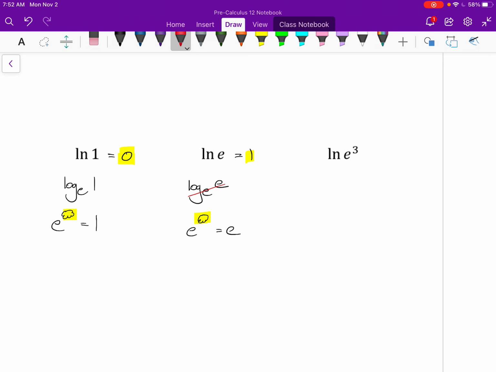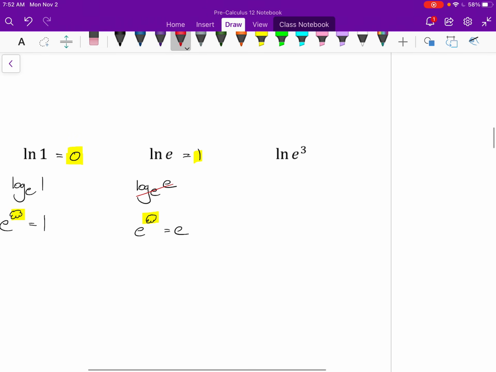And finally, the ln of e to the power of 3 means the log base e of e to the power of 3. I'll write that down, but eventually I'm hoping, honestly, I don't encourage you, every time you see the natural logarithm, to write it as log base e. It's never wrong, but I encourage us to eventually try to just get used to dealing with the natural logarithm. I can use my power law, because the natural logarithm is clearly a logarithm, so I can rewrite this as 3 times the log base e of e.